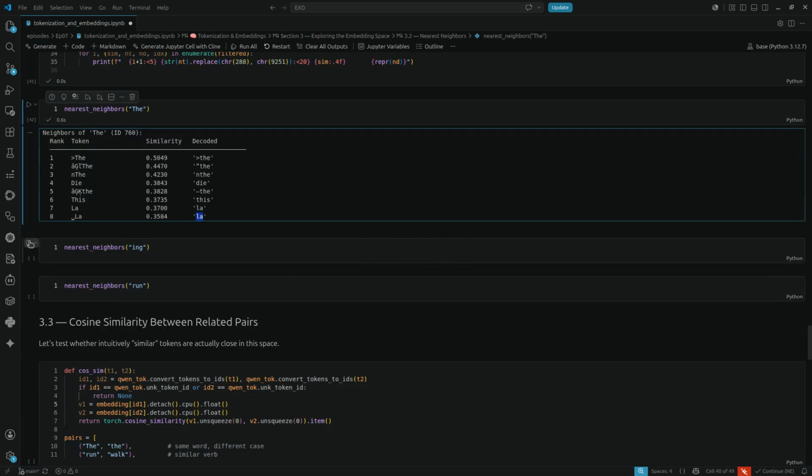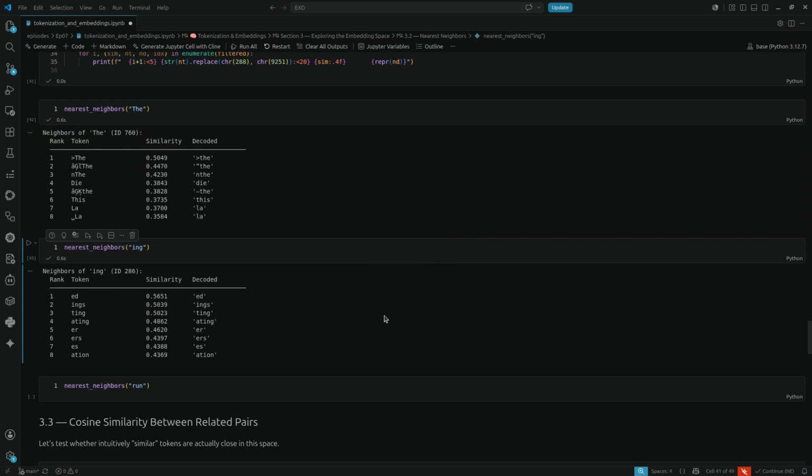Let's see what it does for "ing". This is very cool. It suggests a different kind of semantic structure. "ing", which is the suffix for many words, right? So beginning, ending, furthering, etc., is closely related to other suffixes like "ed".